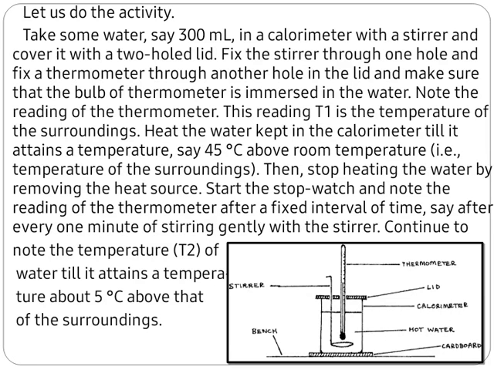Suppose the temperature of the surroundings is 40 degrees Celsius, then you have to continue to note down the temperature at equal intervals of time till it reaches about 45 degrees Celsius.